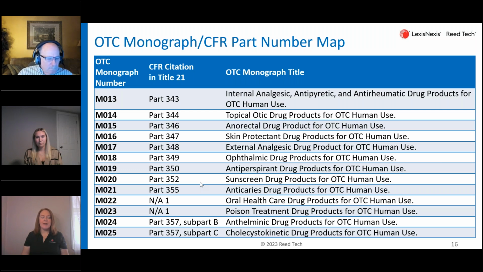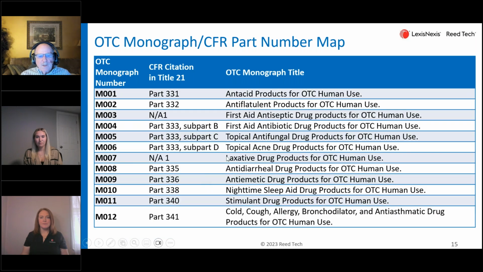Great. But from looking at this list, Gary, it looks like it does apply to both ingestible and topical products. Yes, depending on what part you have here. There's a pretty long list. There are some of these sunscreen products. There are also topical products.